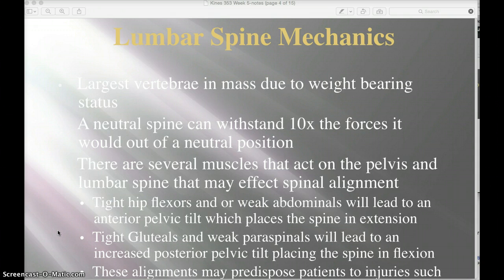And as we'll see later on in the lecture, one of the purposes of doing your rehabilitation exercises, or preventative exercises for the spine, is to try to maintain that neutral spine even when you're doing a lot of dynamic movements, such as throwing a baseball, batting, kicking a ball, jumping, landing. All of those things start with trying to maintain neutral spine in order to prevent an injury.